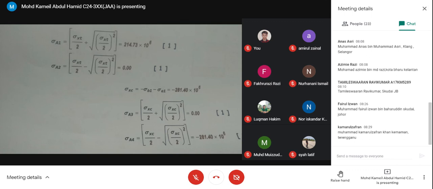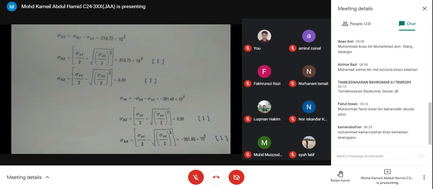So that is sigma tension and sigma compression.